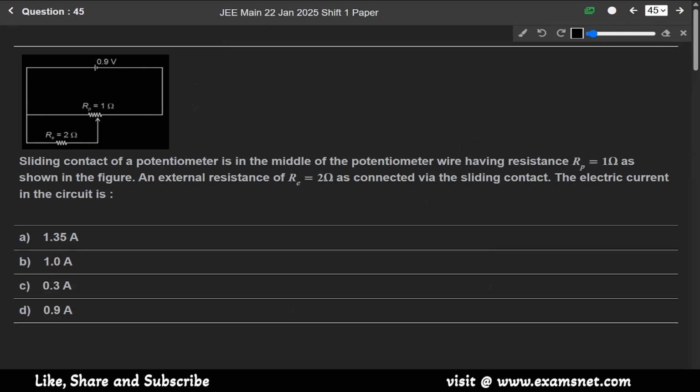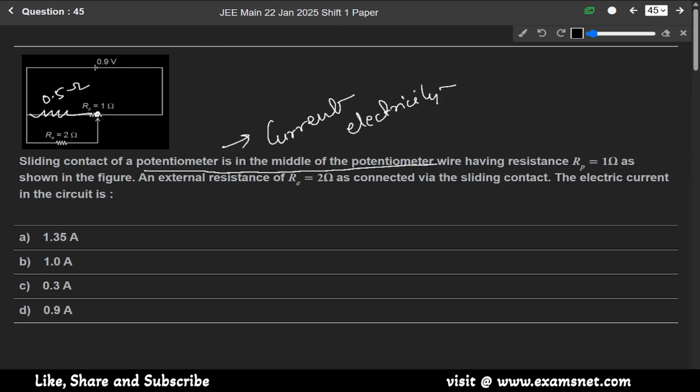So this question is from the chapter of current electricity. As given in the question, the sliding contact is in the middle of the potentiometer wire. In the middle means from here the resistance is 0.5 ohm and here also the resistance is 0.5 ohm. So we have to find the electric current in the circuit.